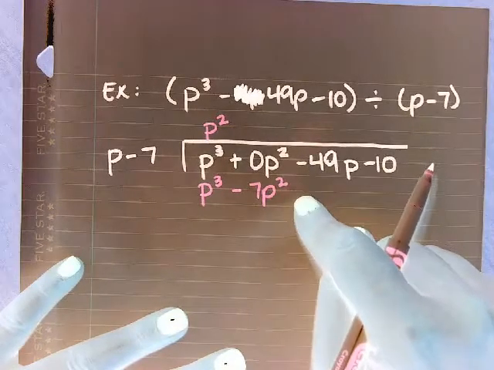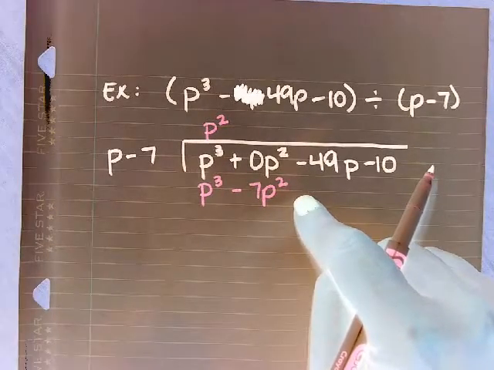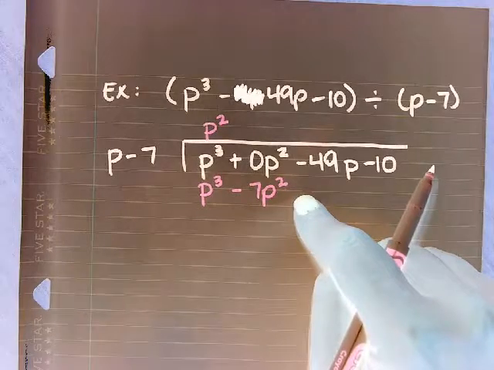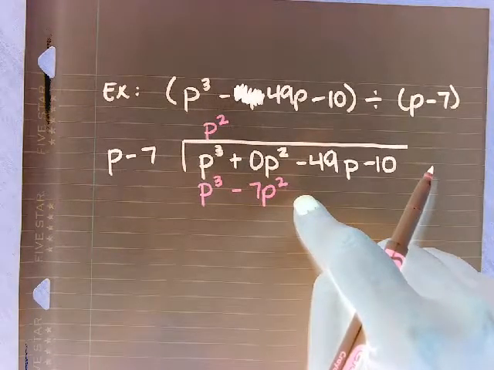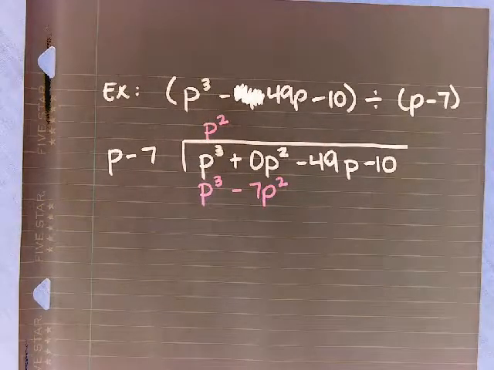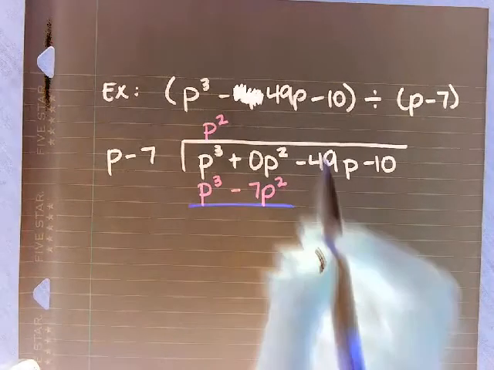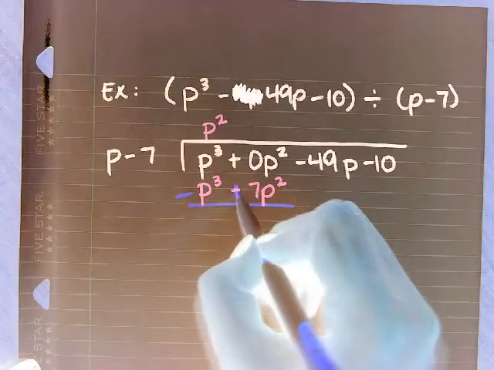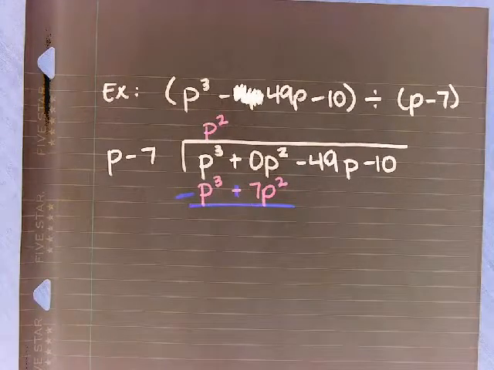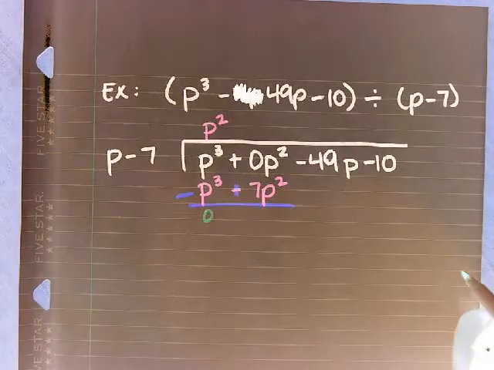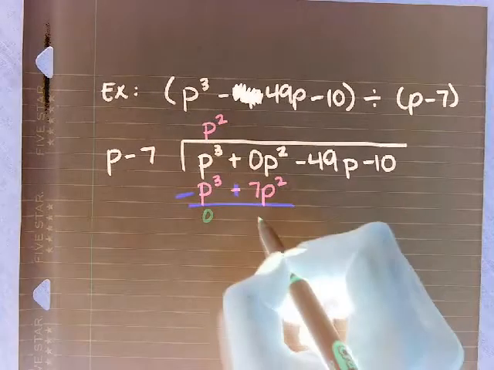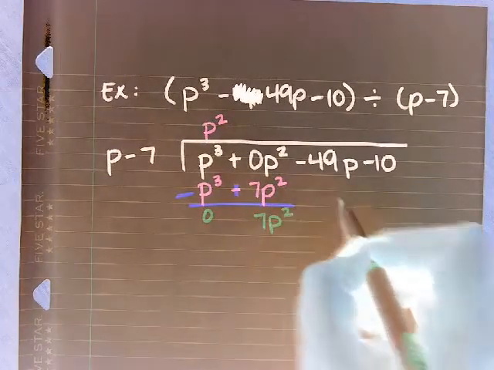If we didn't put the 0 in there, then we would have our stuff lined up with unlike terms, and we would probably get it wrong. Okay? All right, so now I go ahead, draw the line, change the signs. Minus, plus, and you should have gotten 0, which tells you that you did it right. And then you should have gotten positive 7p squared.